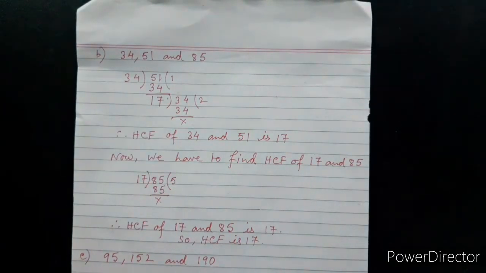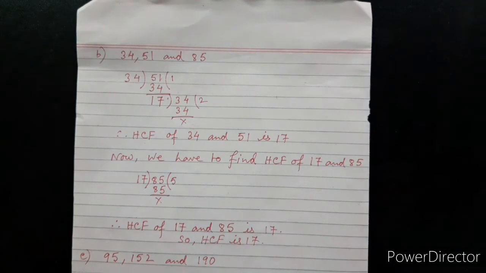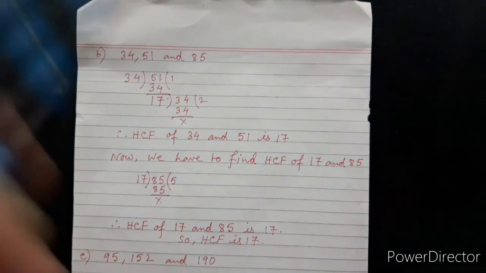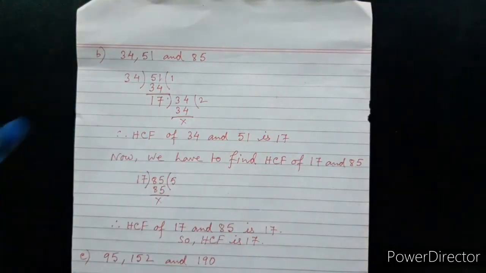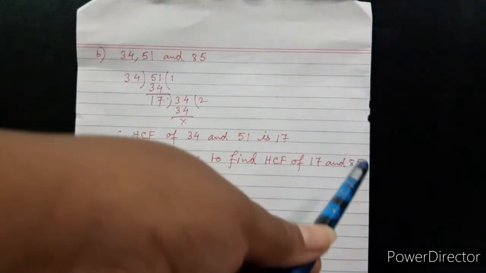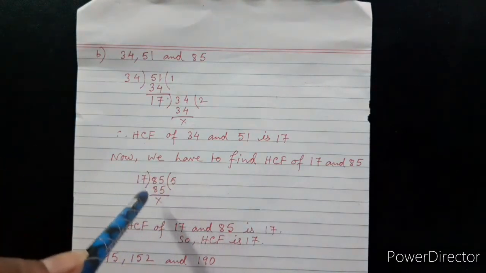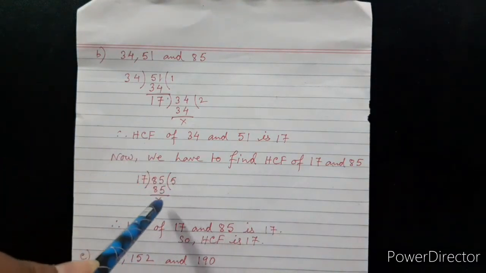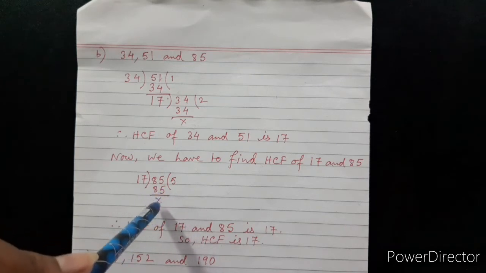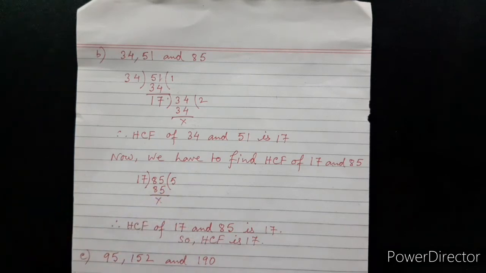Now, we consider this 17 and 85. If we compare these two numbers, then 17 is smaller than 85. So, we divide 85 by 17. 17 5s are 85. Here we get 0 as remainder. So, the final divisor is 17.